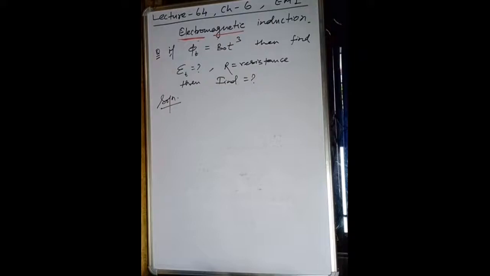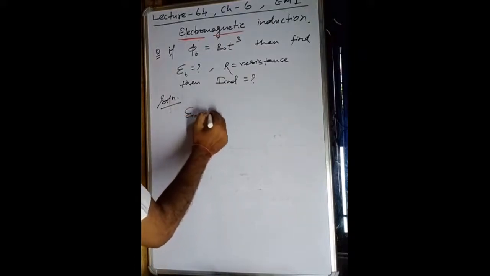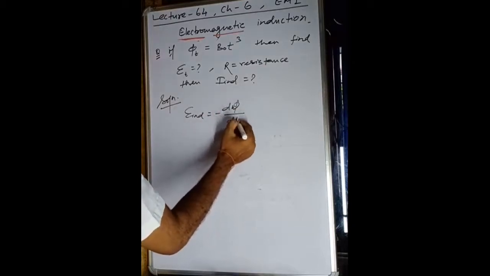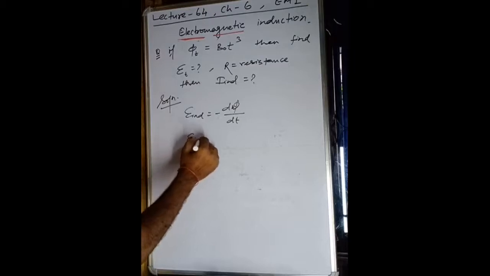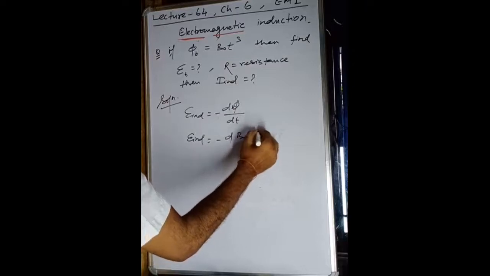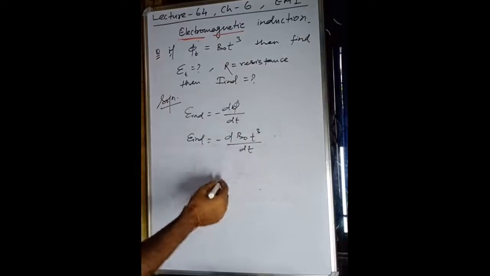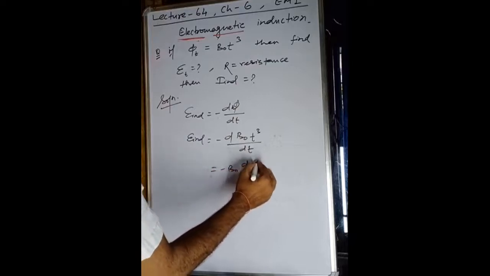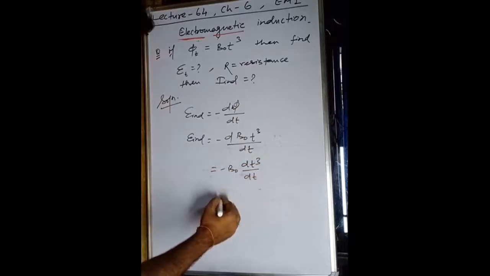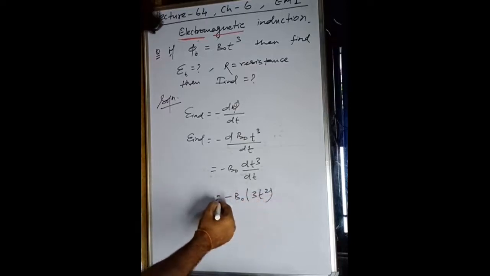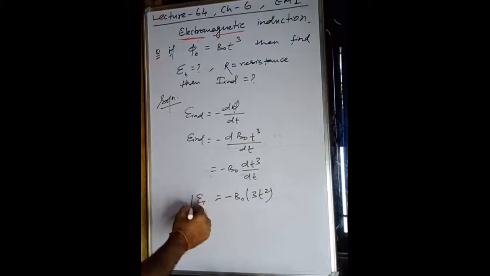Let me solve this question. Okay, here we know that E induced is minus d phi by dt. So E induced is minus d by dt of B naught t cubed. As I told you, B naught is a constant, so it is minus B naught d(t cubed) over dt, that is minus 3 B naught t square, and it is a function of time.